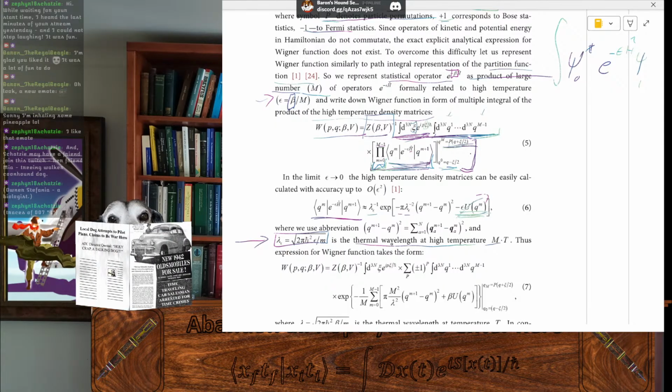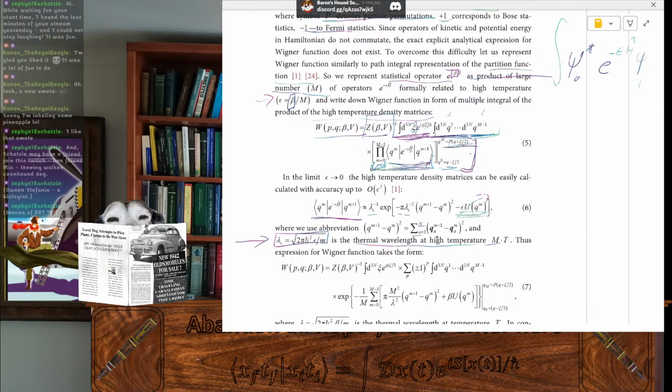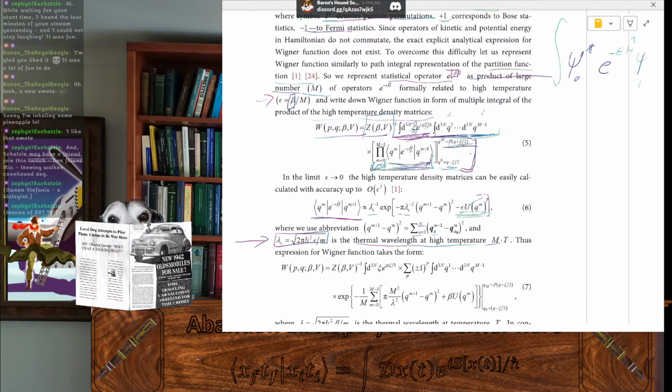And so this is the sum from a equals 1 to n of the momentum of particle a in state m plus 1 minus particle a in state m.